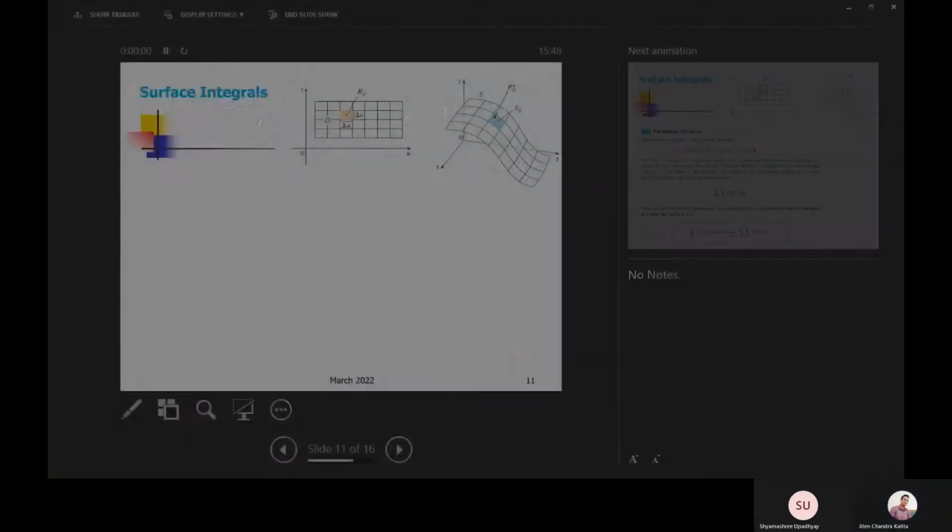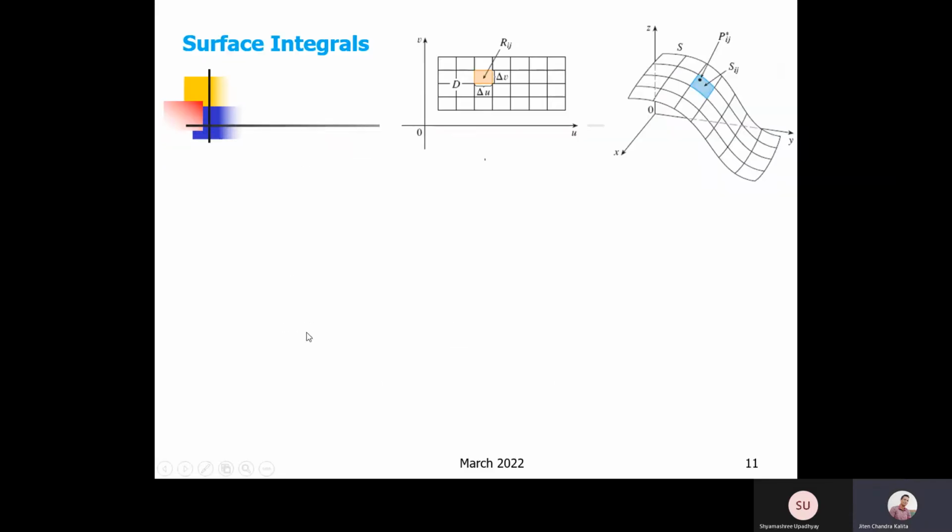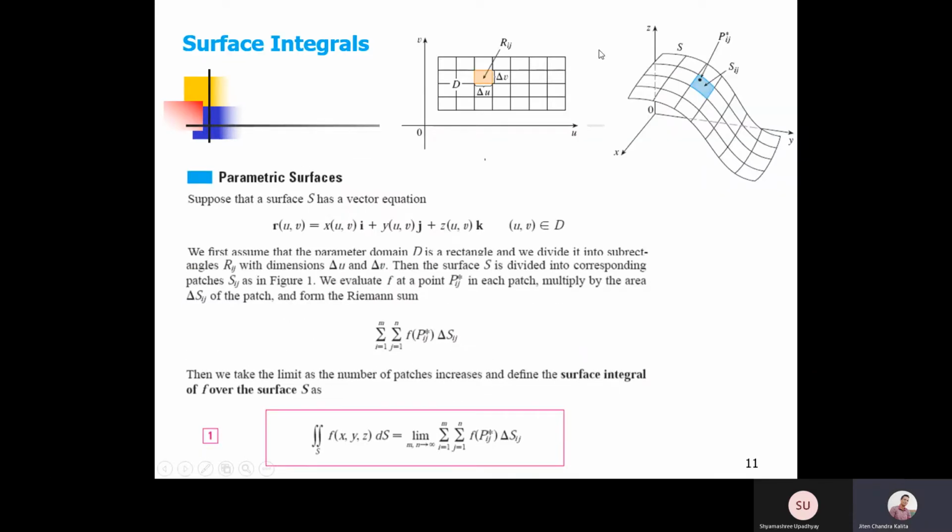So this is how it goes. As I have told you, suppose that a surface S has a vector equation like this, where (u, v) belongs to some domain D. Here again, let me emphasize that although this domain looks like a rectangle, it doesn't necessarily have to be so. It can be of any arbitrary shape. We first assume that the parameter domain D is a rectangle, and we divide it into subrectangles Rij with dimensions delta u and delta v, like this.